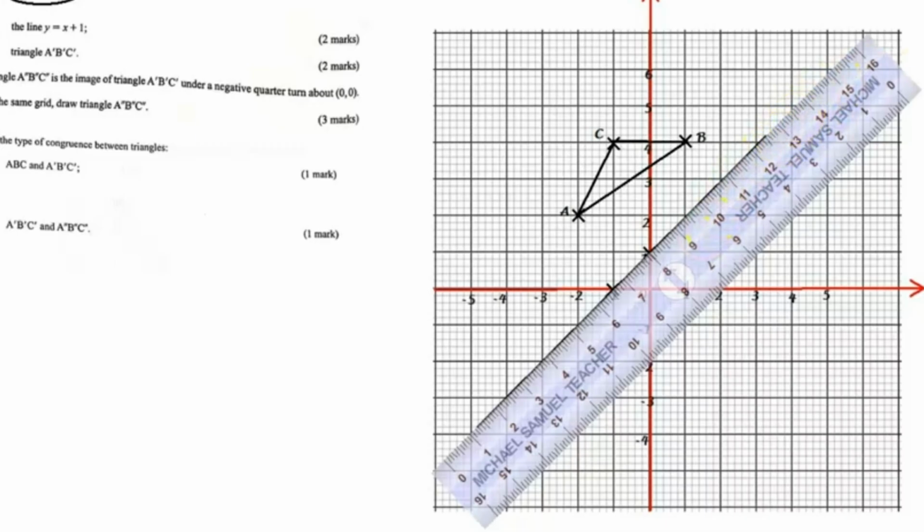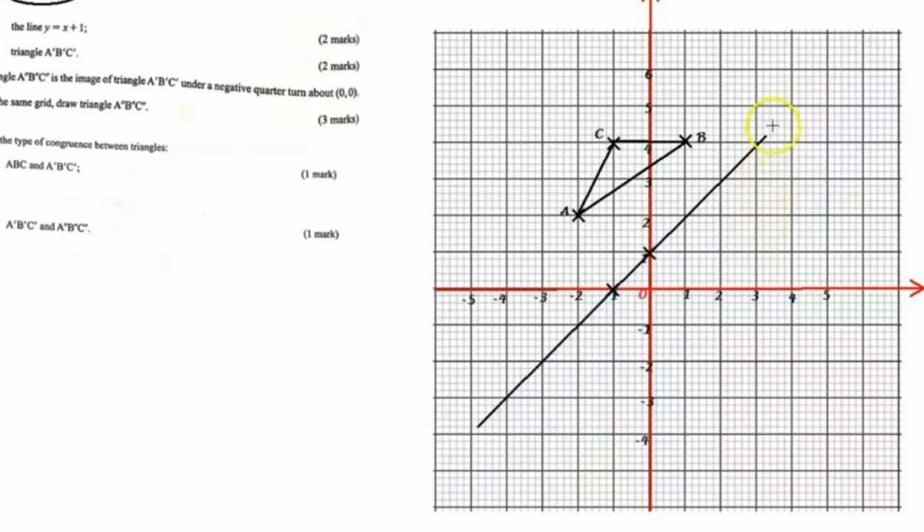So that is it. And therefore this is the line y is equal to x plus 1.